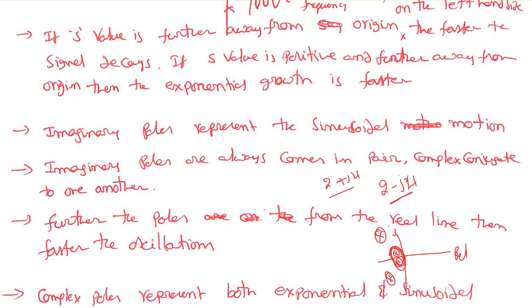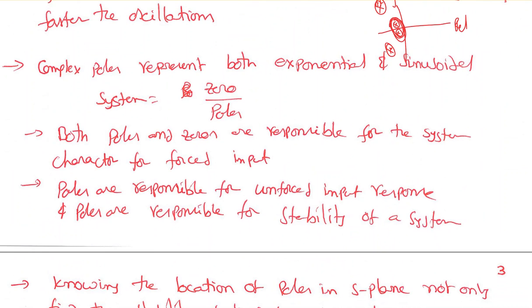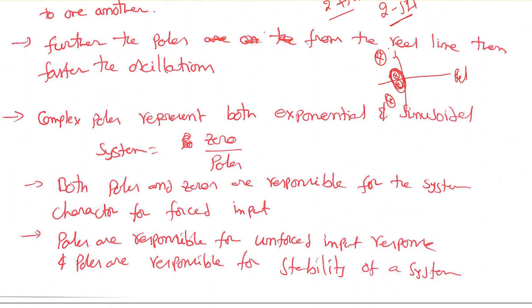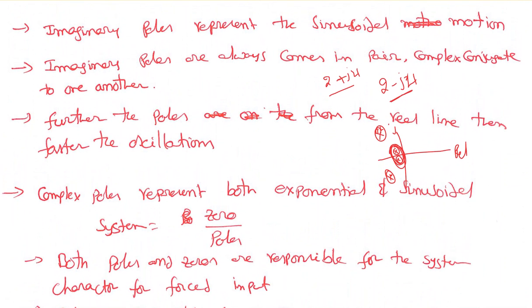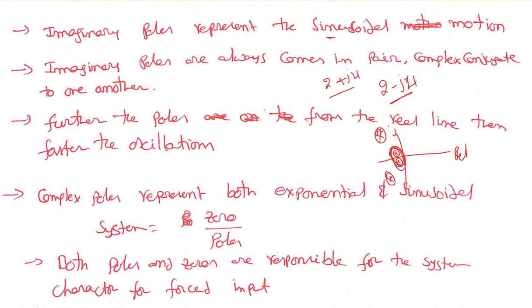Oscillations are faster for the system which has poles further away. Imaginary poles represent only sinusoidal motion. If you have complex poles, then they represent both exponential and sinusoidal motion.